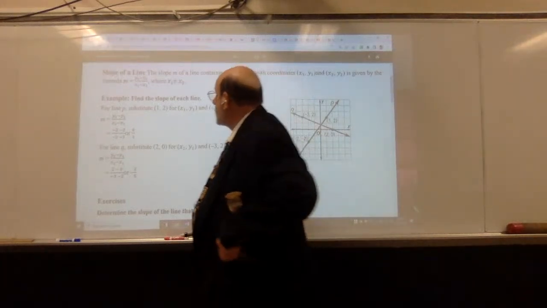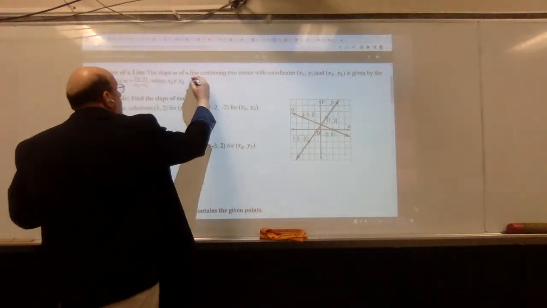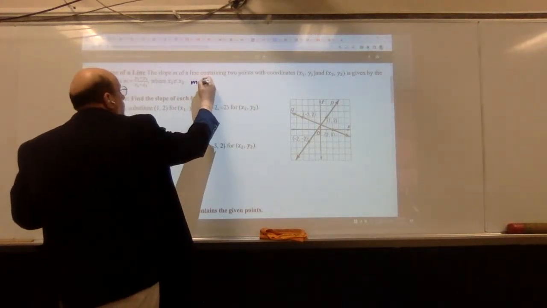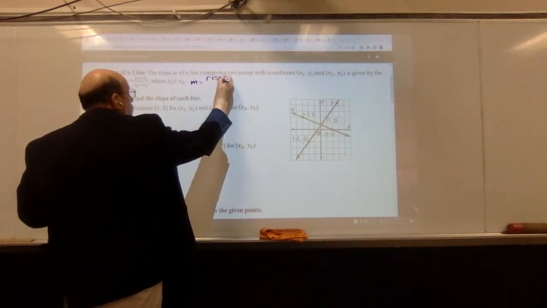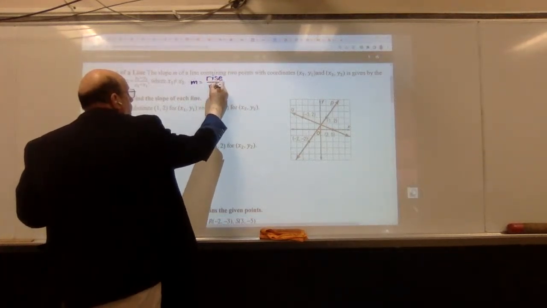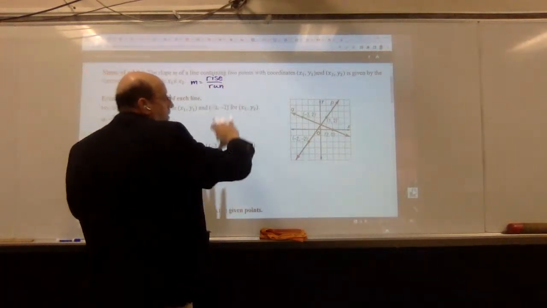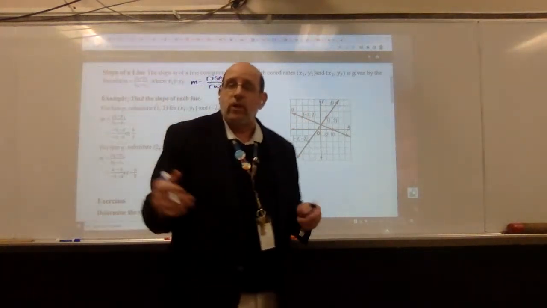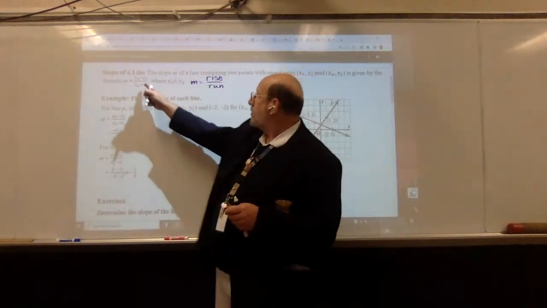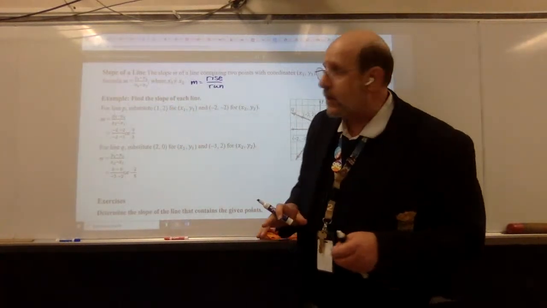So m is also the rise, the change in y, over the run, which is the change in x. The change in up or down divided by the change in across. It's really quite simple. So there's your big idea and your formula. I'll rewrite the formula when we get there.